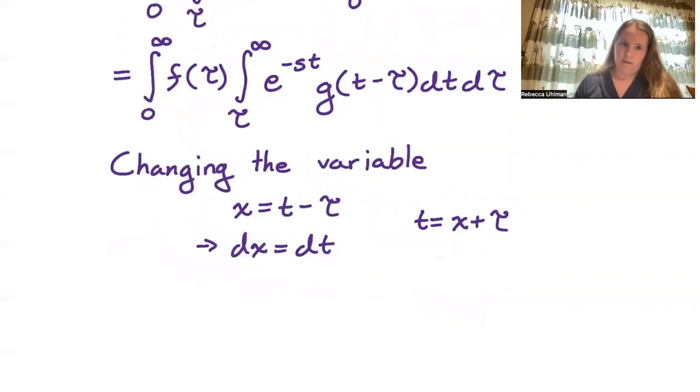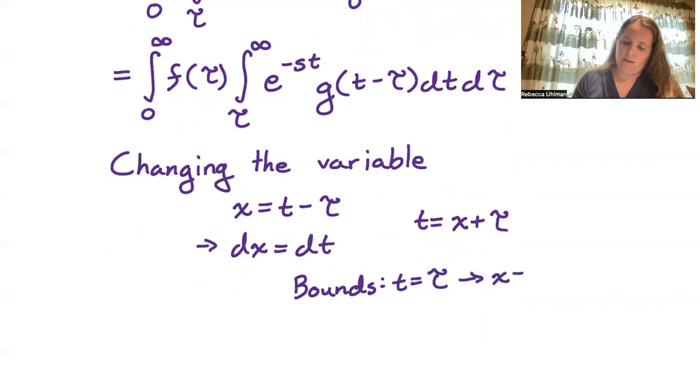Furthermore, for our bounds, if t equals tau, then x would be equal to 0. t being infinity, x will still be infinity.